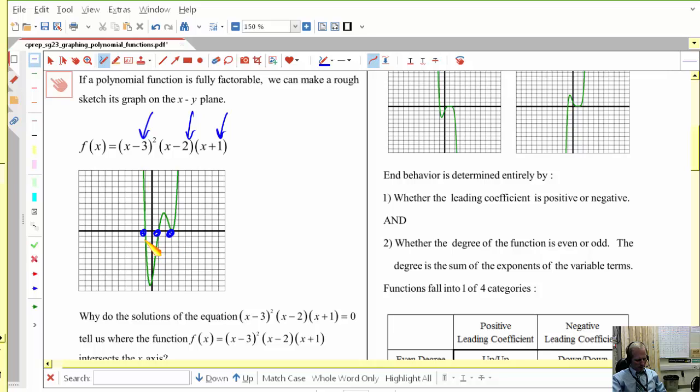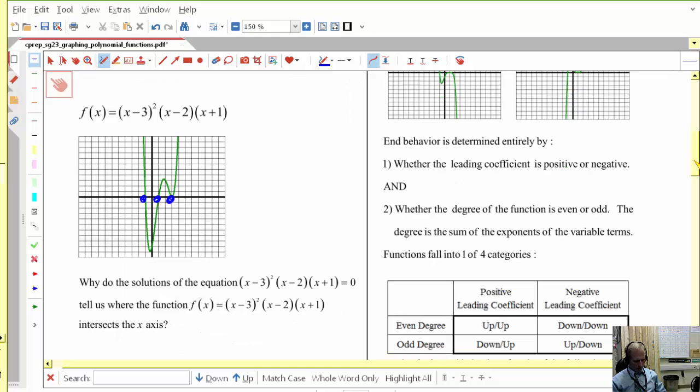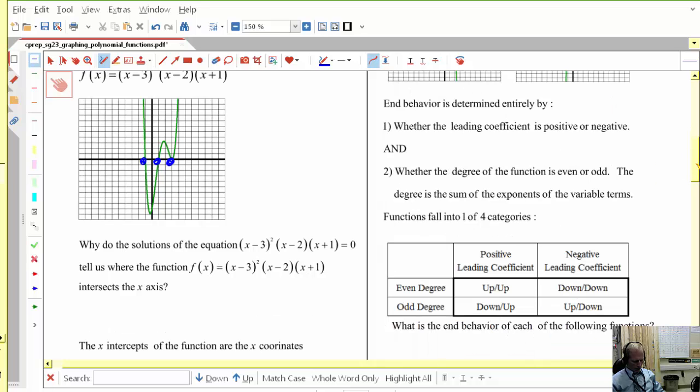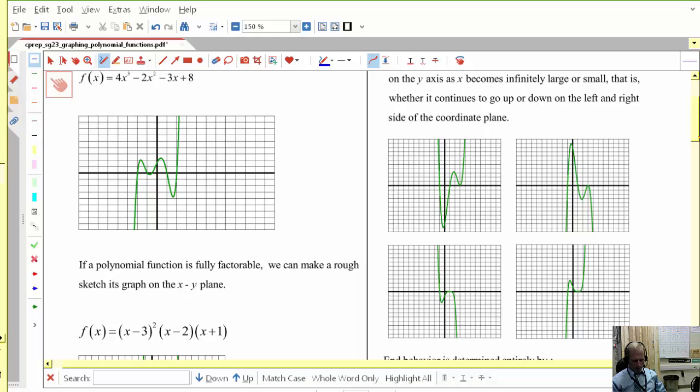That's because if at any of these points y is 0, so if you put in any of those values for x, you're going to get a value of 0 for y, or the value of the function. So right off the bat, you already know where it's going to cross the x-axis, the x-intercepts.